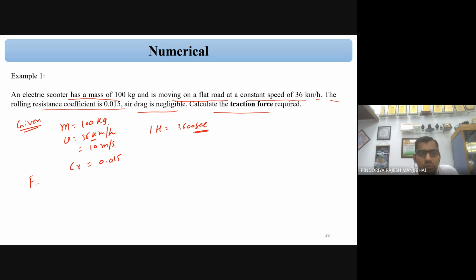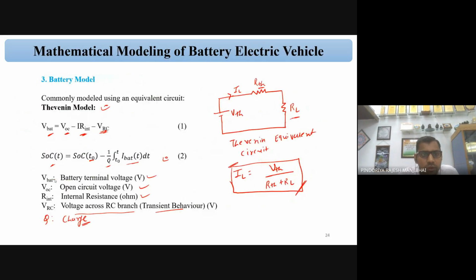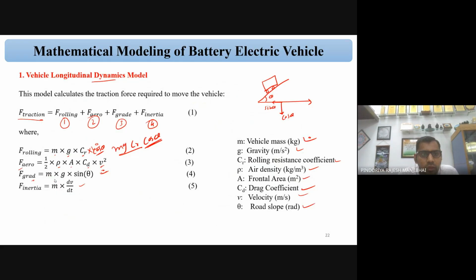We have to calculate the traction force. So what is the formula of the traction force? We have seen the formula: rolling resistance, aerodynamics, gradient, and inertia.